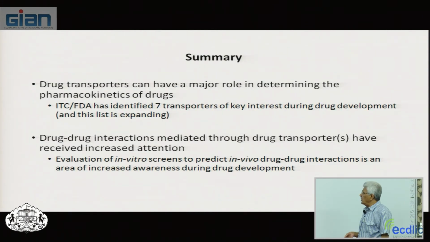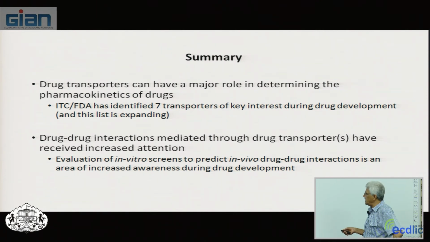Okay. So the summary of this section is the drug transporters can have a major role in determining the pharmacokinetics of drugs. So this was in 2012. The ITC FDA has identified 7 transporters of key interest during drug development, and we'll see, just last month they added 2 more.